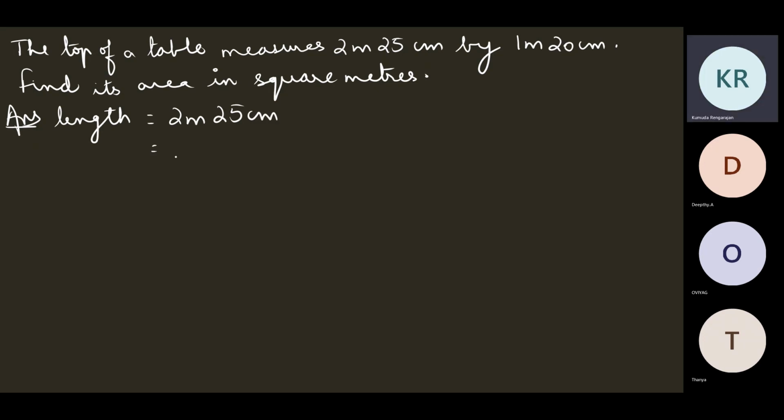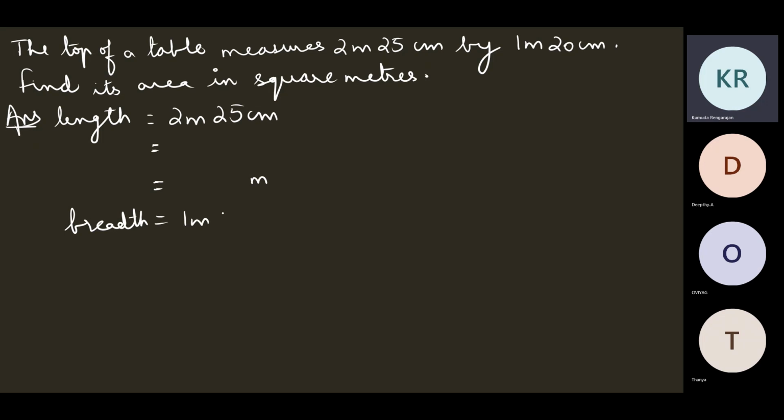So perform those steps and convert this to meters. You may need more than 2 steps, or you may be able to do it in 1 step. I've just used 2 steps here. Then you need to convert the breadth.